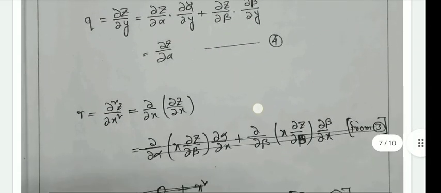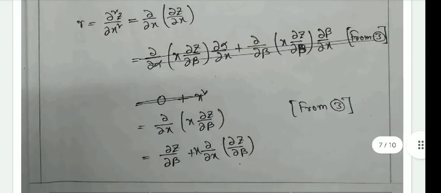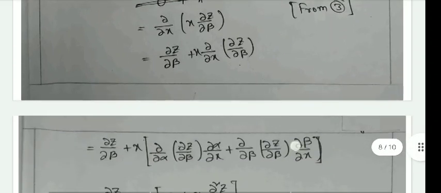After that we know that r is del square z by del x square, where we can write del by del x of del z by del x, where del z by del x is p. So we put the value of p and do some calculation.